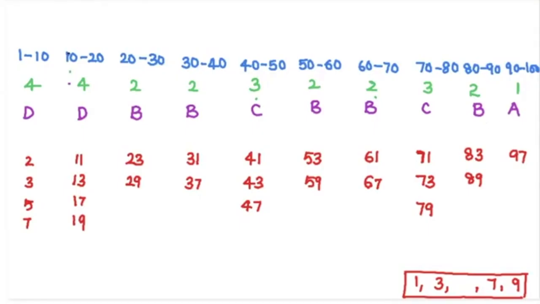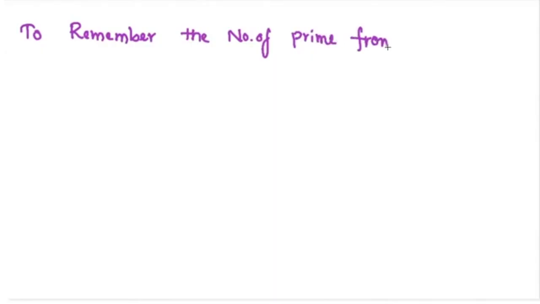Sir, what is the trick in this? So the trick is going to be this. To remember the number of primes from 1 to 100, that is, the prime numbers between 1 and 100, we are using one simple trick here.